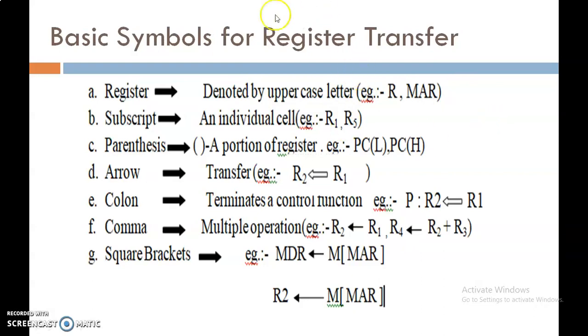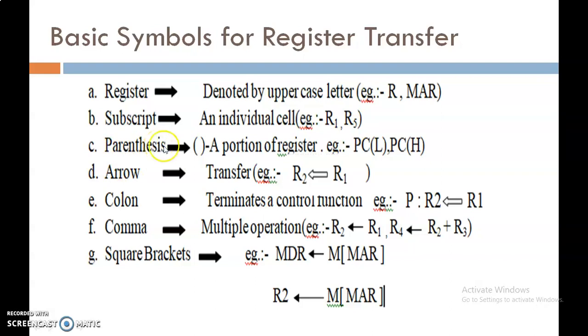Next is basic symbols for register transfer. First is register. When we write any RTL format, the register is denoted by uppercase letters like R, MAR, PC. Second is subscript. An individual cell is denoted by R1, R5, R6, etc. Third is parenthesis.